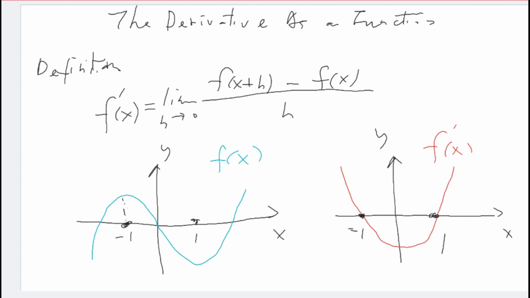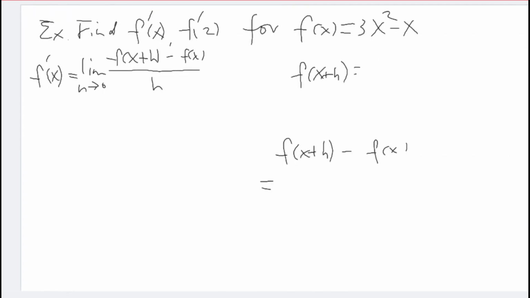Now let's see one example. So here we want to find the derivative of this function, first of all at x, then at 2. Now, the idea is if we find the derivative at x, which is not specified, right?